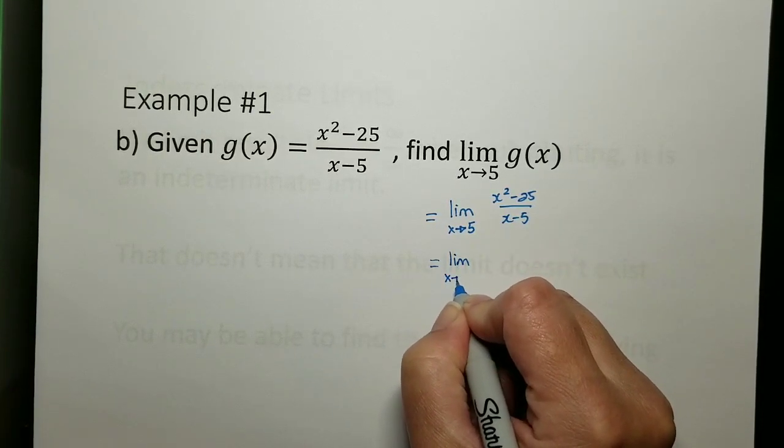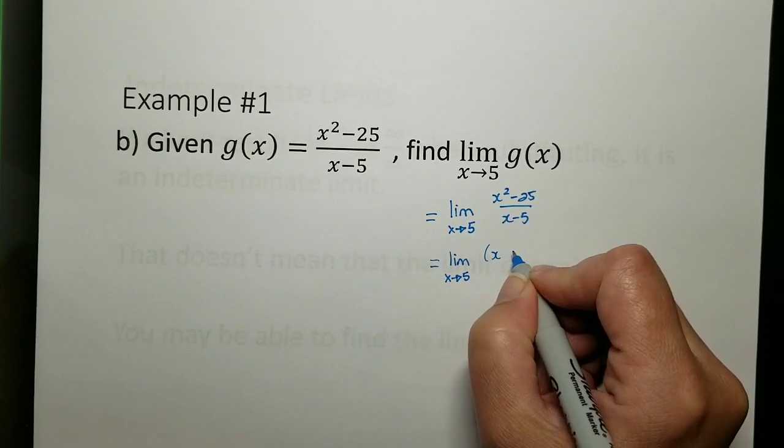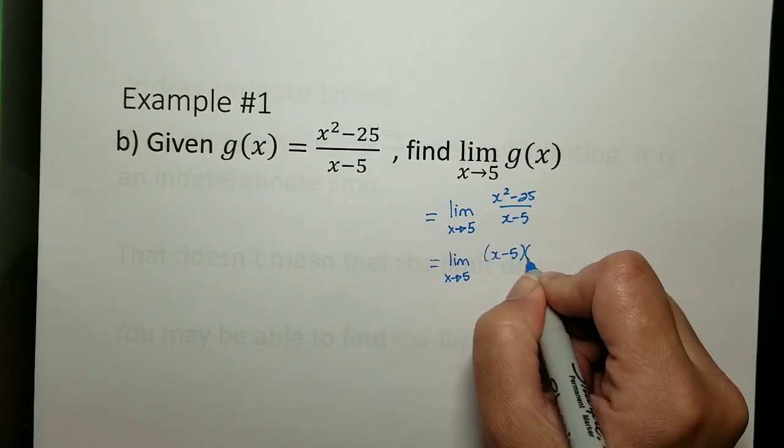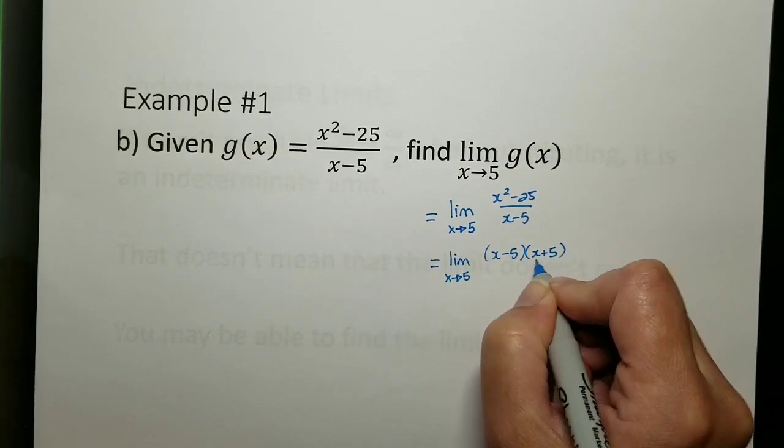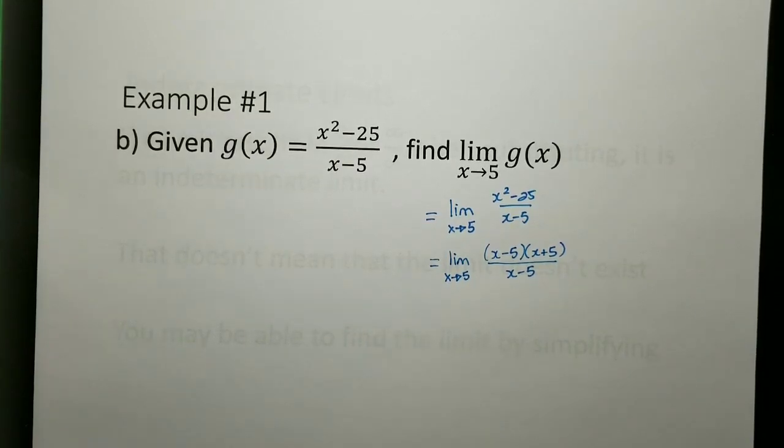So what I'm going to do is the limit as x approaches 5, and I'm going to factor. And we can do this because we're not talking about finding g at 5. I'm not asking what the value of the function is at 5.